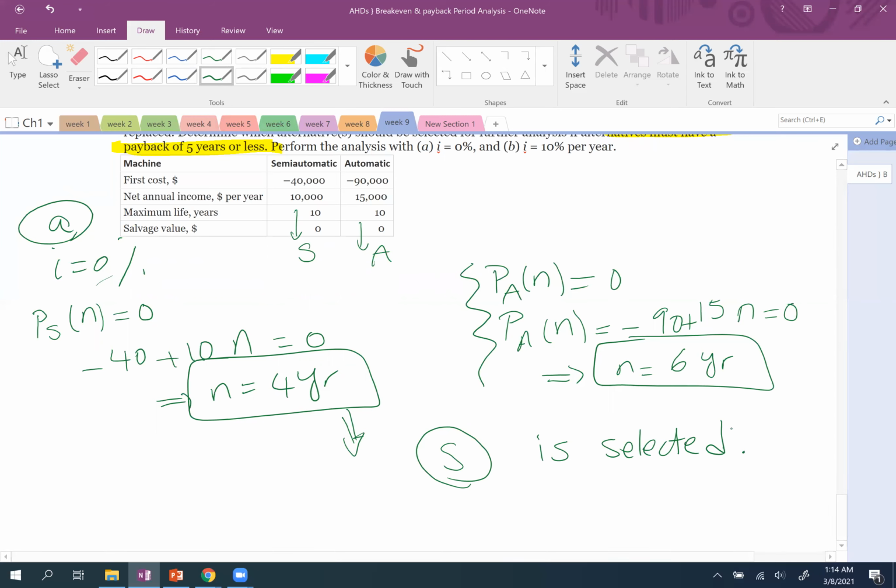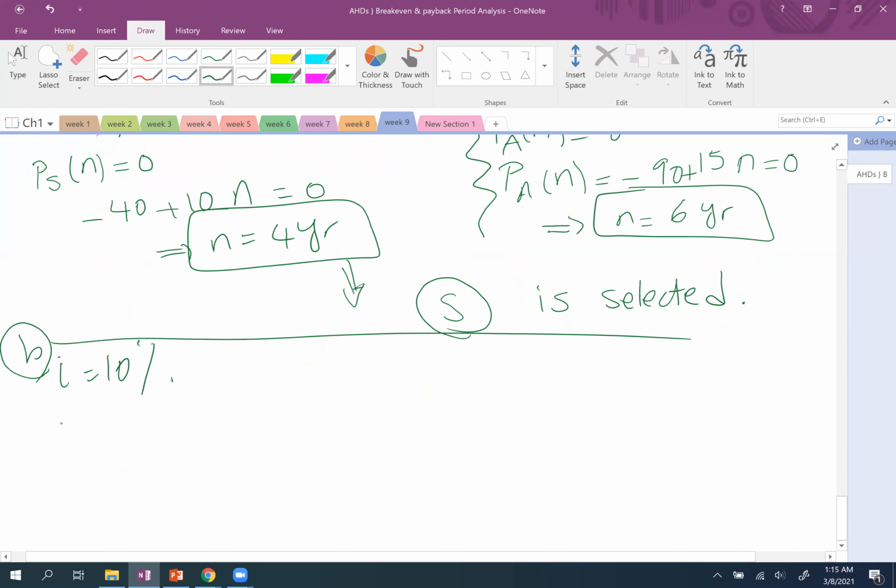Okay. The next option that we have is the scenario that you see over here. Your i is equal to 10%. Again, we say present worth of, for example, semi-automatic as a function of n should be equal to 0.